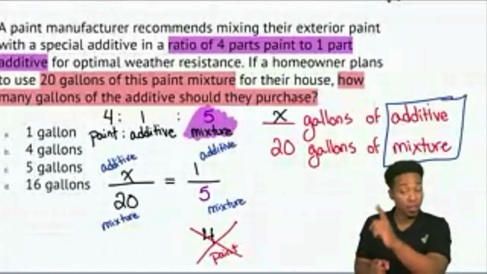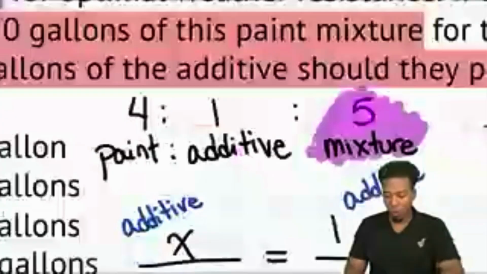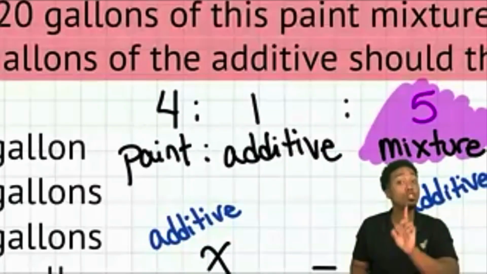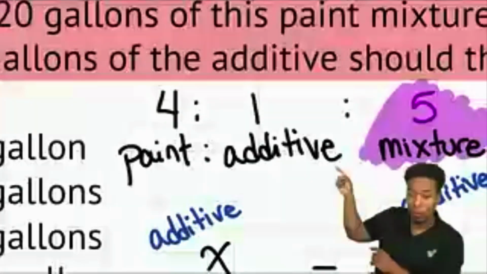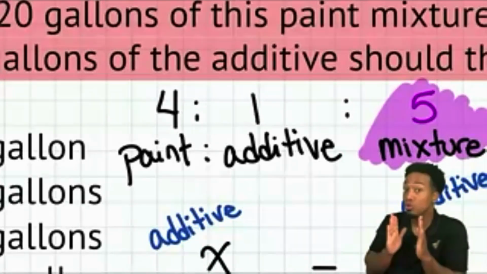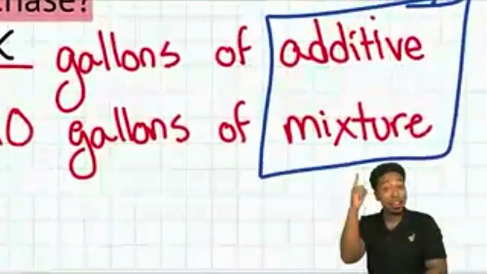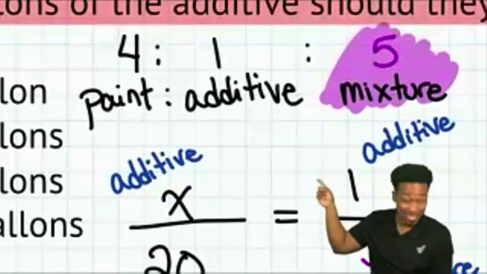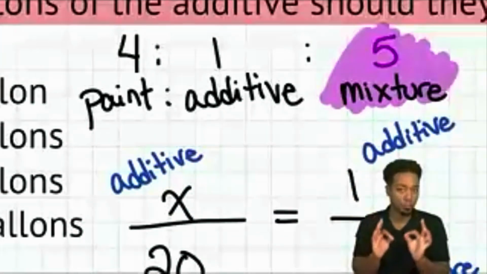Now, the same people that were confused, tell me, that 4-to-1 right here, do you notice that that is not the same comparison? Do you notice that this is actually the paint to additive? Over here, additive and mixture. Over here, additive and paint. Not the same thing. That was the biggest problem here.